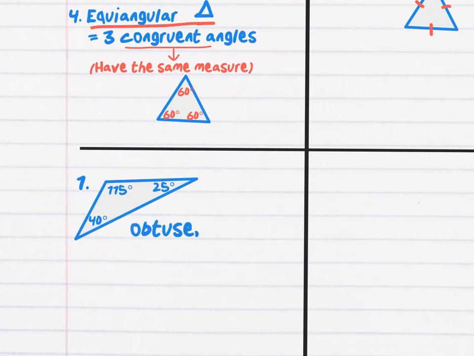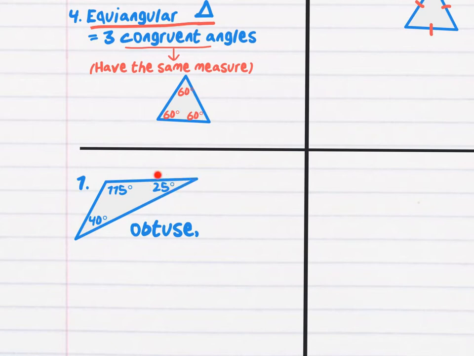Now we're going to look at the side lengths, and there are no tick marks on the triangle, but what you should know about triangles is if their angle measurements are different degrees, that means their side lengths are going to be different lengths. And the bigger the degree, the greater the angle measurement, the opposite side length will be the longer side. So this is going to be a longer side.